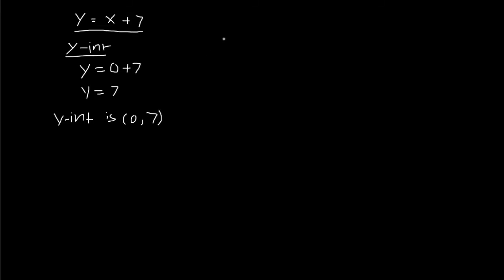Similarly, the x-intercept. How do we find the x-intercept? You know y equals 0 at the x-intercept. So just use y equals 0 in x plus 7. Then solve for x, which equals negative 7.